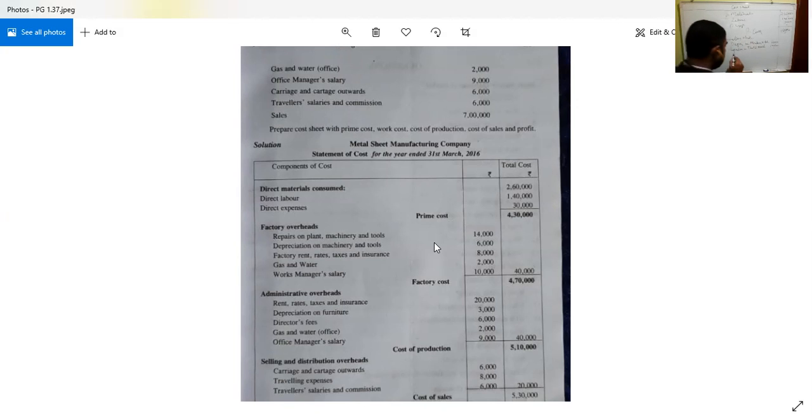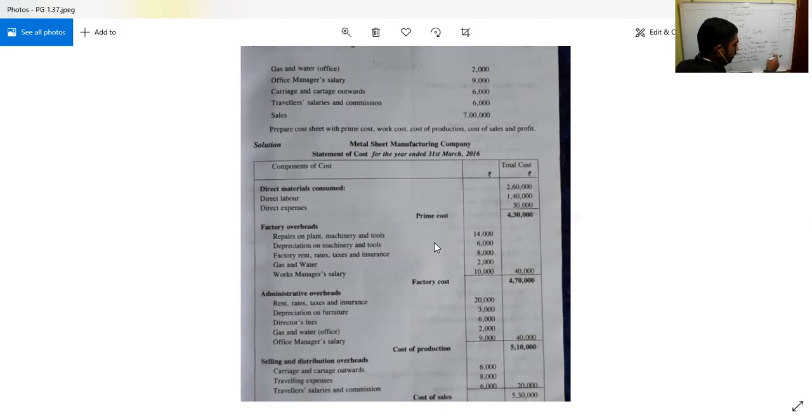Then factory rent, rates and taxes, that is 8,000. Then gas and water, 2,000. Then work manager's salary, how much it is? 10,000.